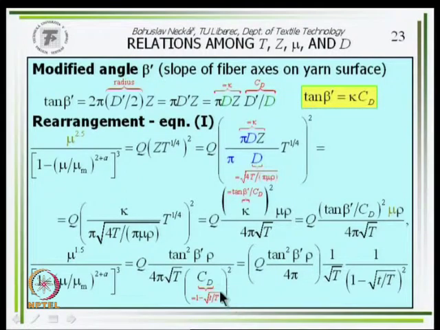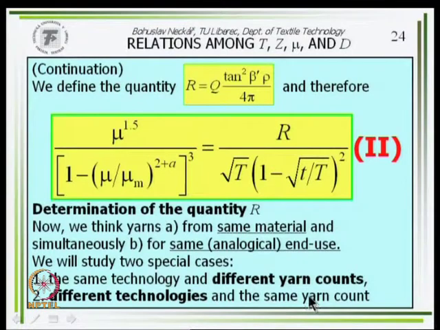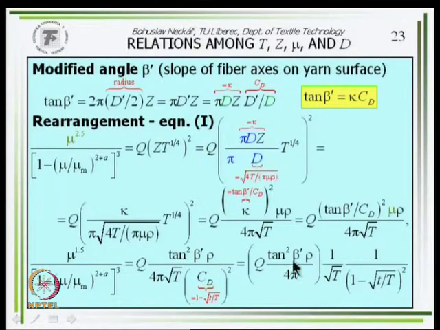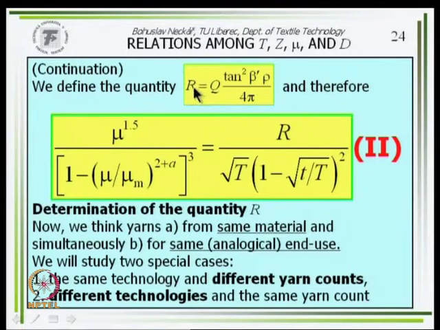Using CD based on our earlier derivation, we obtain this expression, and Q times tangent squared beta dash times rho by 4 pi means this quantity. I will call it by the symbol R.